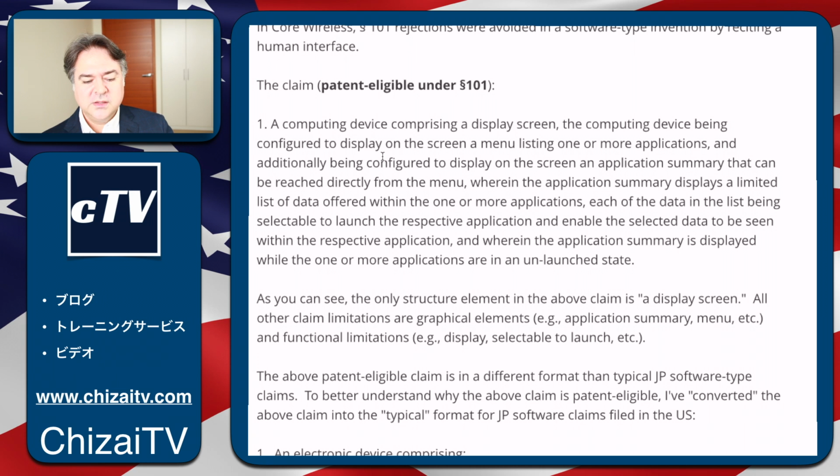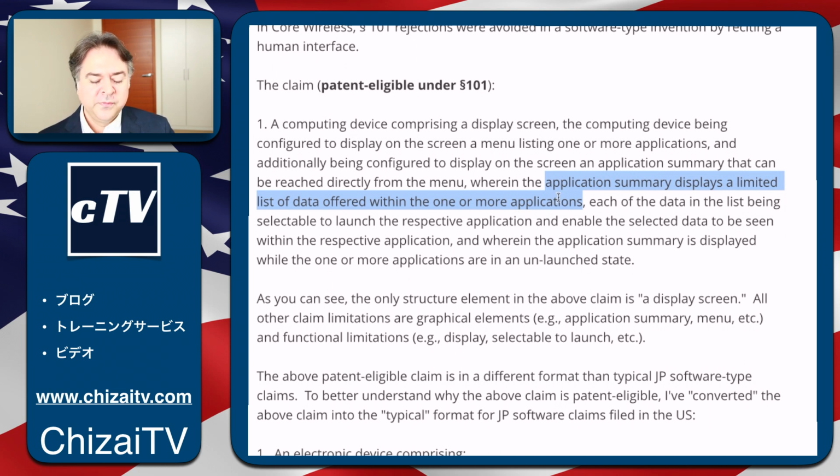The computing device being configured to display on the screen a menu listing one or more applications, and additionally being configured to display on the screen an application summary that can be reached directly from the menu, wherein the application summary displays a limited list of data. This application summary is the important thing, so I want you to pay attention to it. This application summary displays a limited list of data offered within the one or more applications.